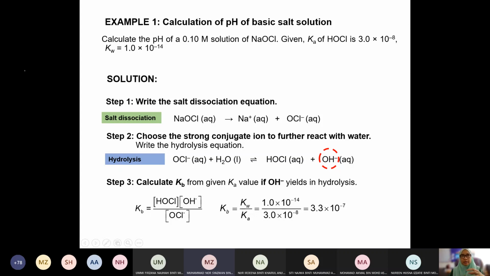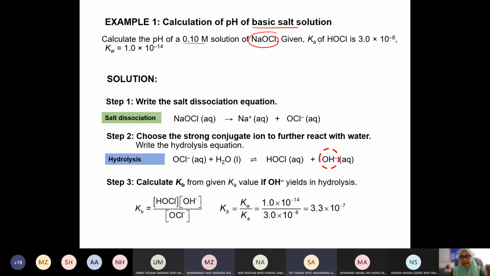What the question asked that normally asks for salt, determining of the pH of the salt. Okay, so let's start with basic salt dulu. Calculate the pH of a 0.1 molar solution of NaOCl. So you kena tahu that this is the salt. Okay, so this is a salt.